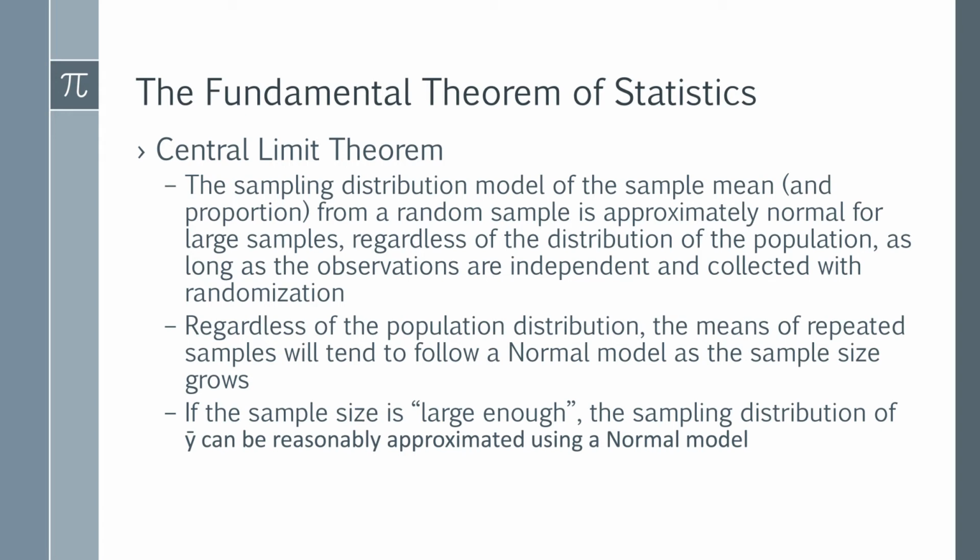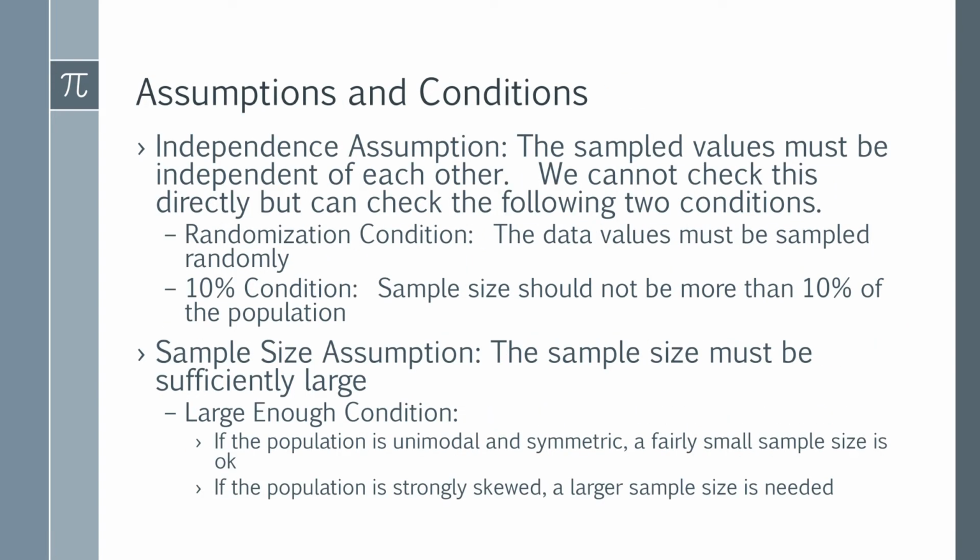For the central limit theorem, we also have assumptions and conditions. There's an independence assumption. It says the sampled values must be independent of each other. Once again, we cannot check this directly, but we can check it through the 2 following conditions.